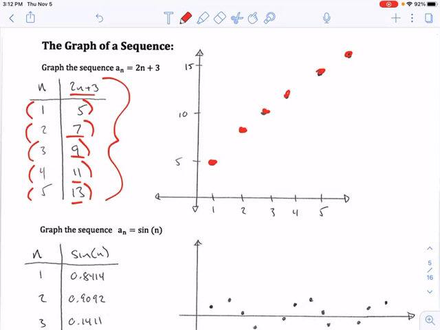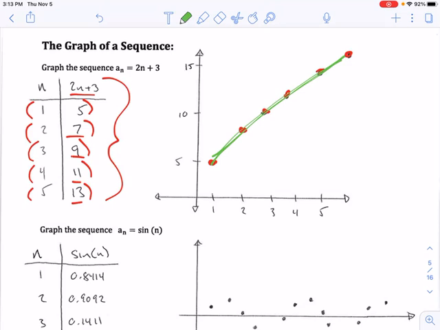A sequence is simply going to be a set of points or a set of ordered pairs with nothing in between. All right, so that is really all there is to the graph of a sequence. The important points are that you can create a table of values, make sure you understand the domain is the set of natural numbers, and that we have a discrete graph, which is just a set of points that is not continuous, so we do not fill in the points in between them.